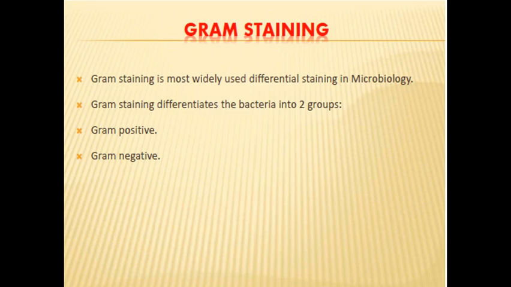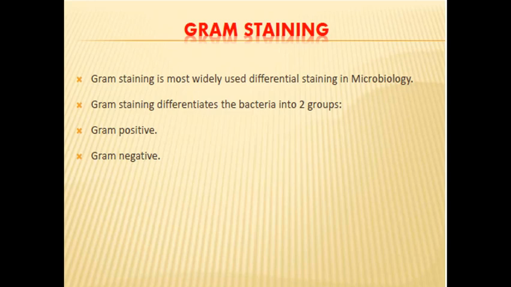Gram positive bacteria and gram negative bacteria we can differentiate by utilizing the Gram staining method, and that's why this Gram staining method is known as a differential staining method in microbiology.